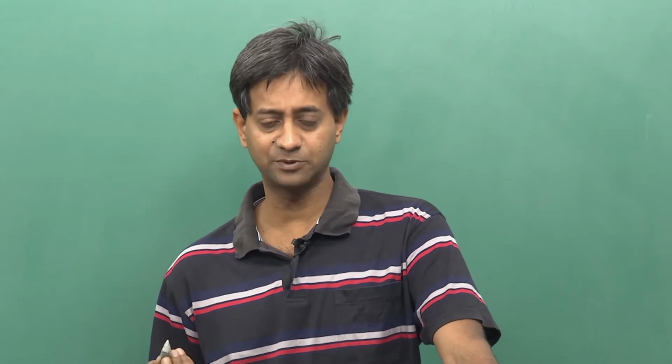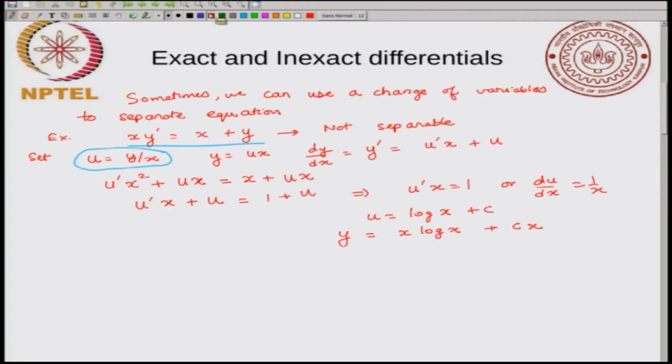And here what we will do is rewrite the differential equation in a slightly different form, in the form M of x y dx plus N of x y dy equal to 0. Not every differential equation can be written in this form, but let us assume that you can.